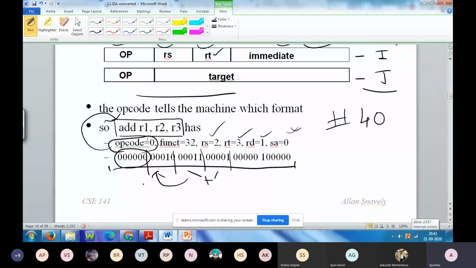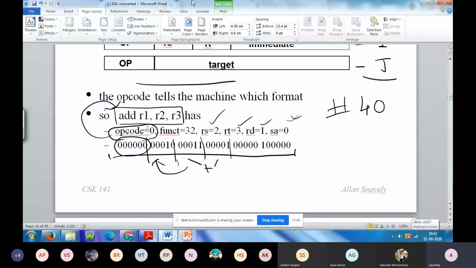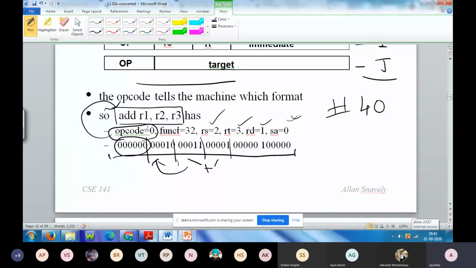Then, according to our type of instruction format, come here. Next, these 5 bits, RS. Now your hardware knows that the next 5 bits are a register holding the address where I will store my result.